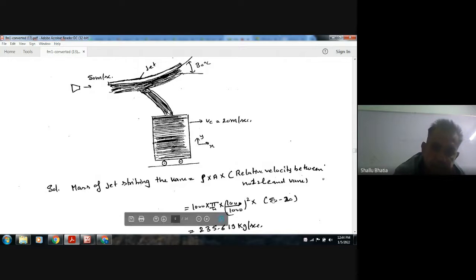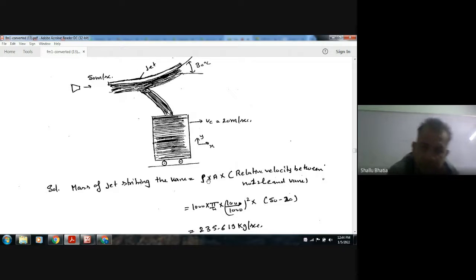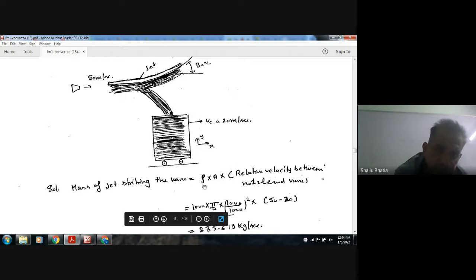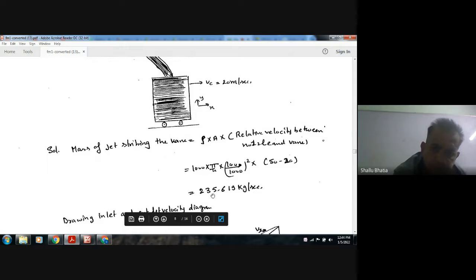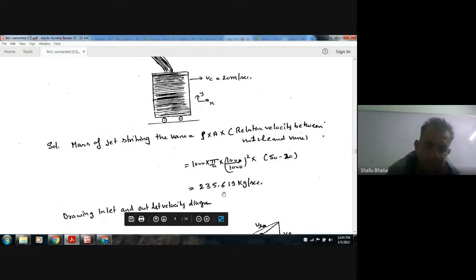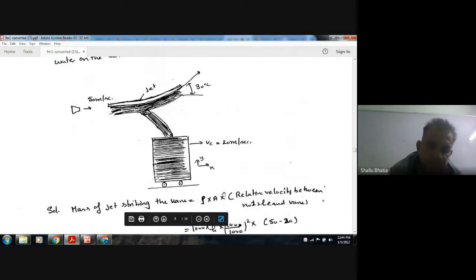A is the area of the jet, and rho is the density of water. So the mass striking the vane is rho A times the relative velocity. This is your mass flow rate.